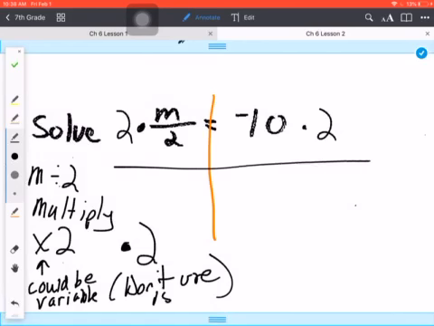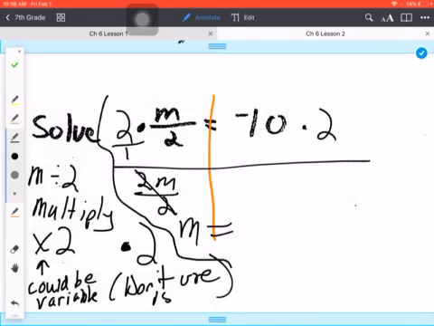Now, if I multiply a fraction, the denominator and the numerator of the other fraction, if they're the same, they evaluate to 1. Because really what this fraction is going to look like is 2 divided by 1 times m divided by 2. So I have 2m over 2, and this simplifies to just m.